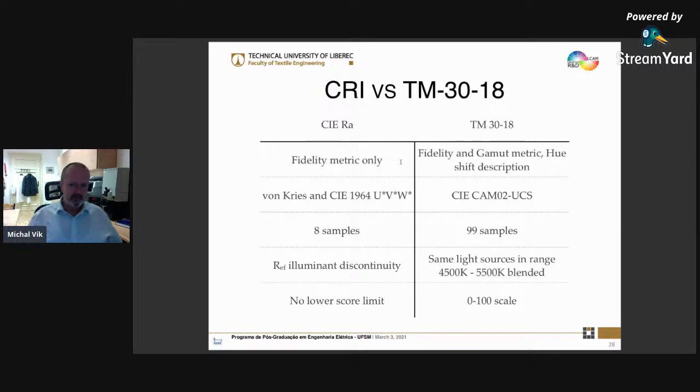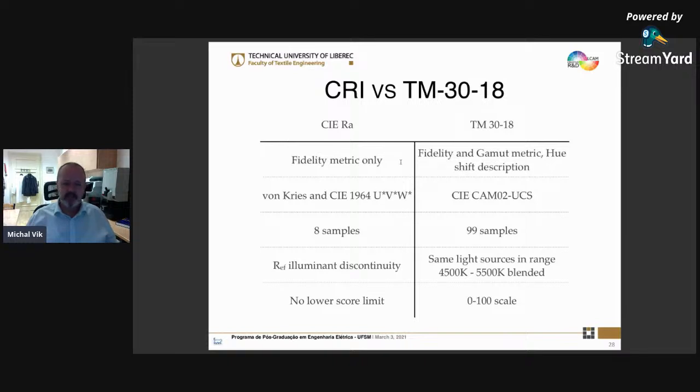Current development is based on color appearance models, which include inside their own structure a new and more precise chromatic adaptation, and also another adaptation mechanism. Such a description is much more uniform and universal, mainly. Then you can see differences in the number of samples.